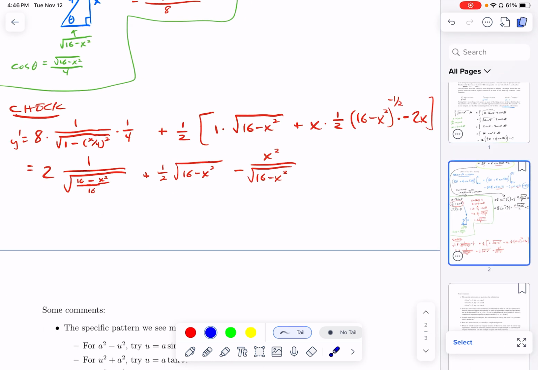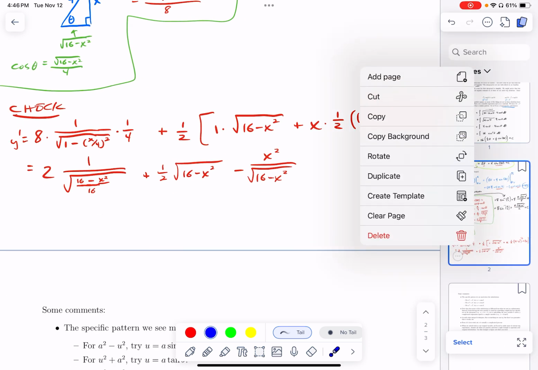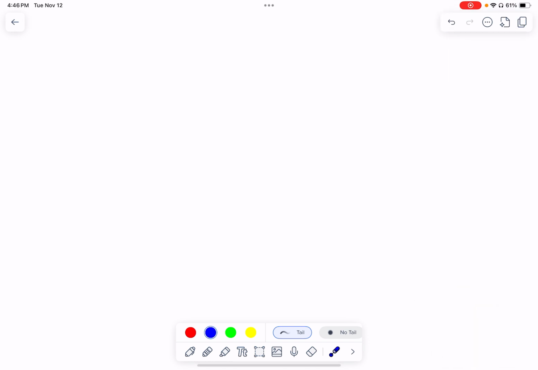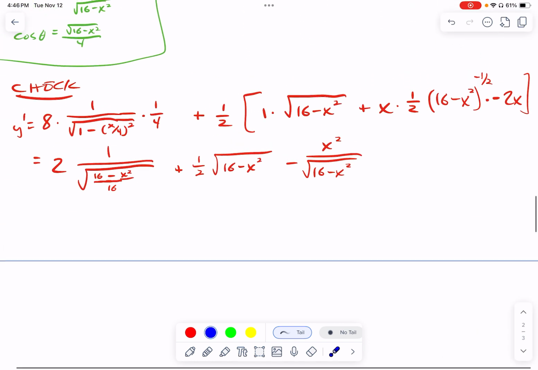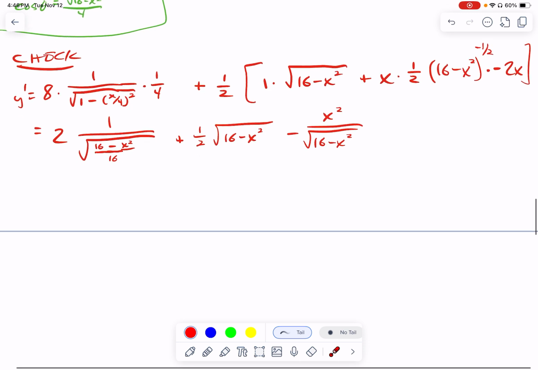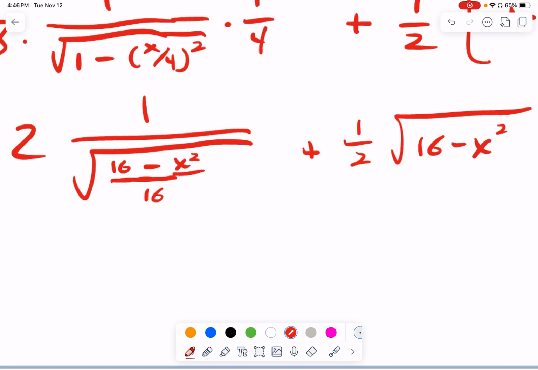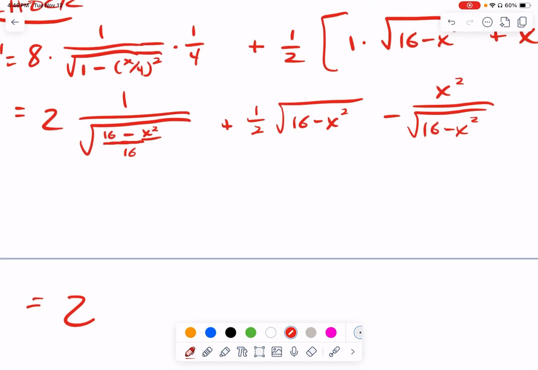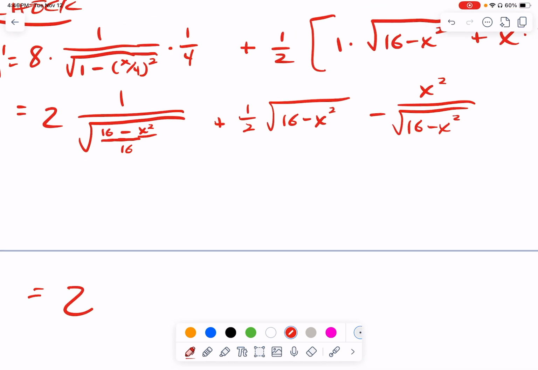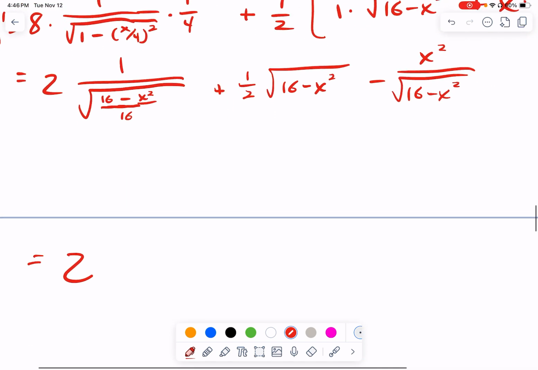I'm actually going to add a page. This is just a total nightmare to check, right? This is one where maybe we just want to trust that it works. It's also the kind of thing where someone else has done a lot of these tricks and maybe you could just look it up in the first place. But we will continue to simplify. So here, I am going to notice that I have 1 over the square root of a fraction.